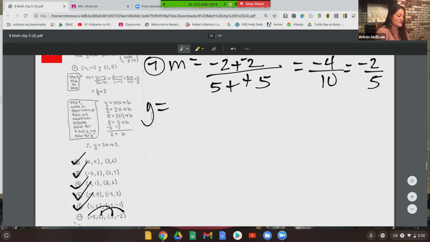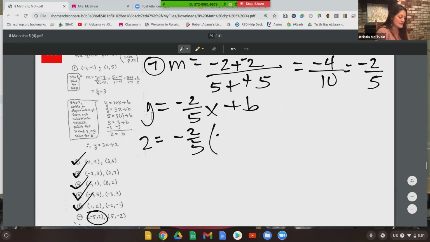So y equals -2/5 x plus b. Now we're going to plug in one of our xy coordinates. Doesn't matter which one, I'll use the first one. So I'm going to say 2 equals -2/5 times -5 plus b.